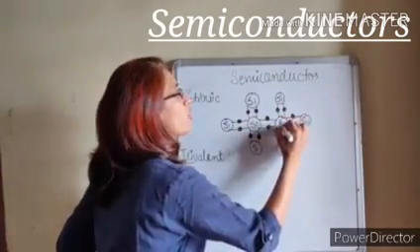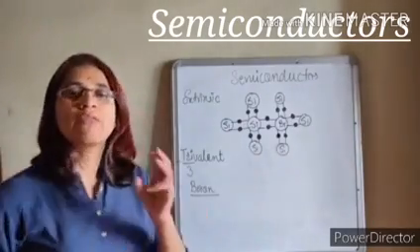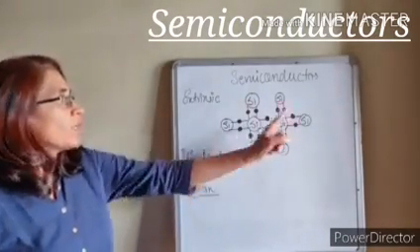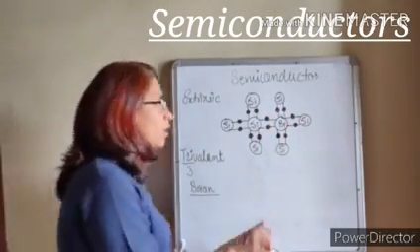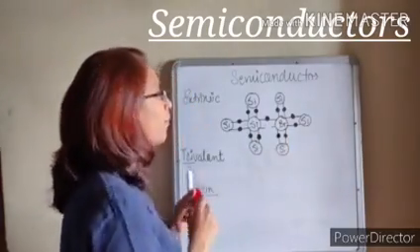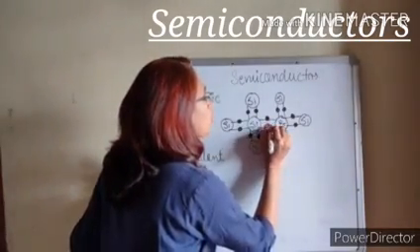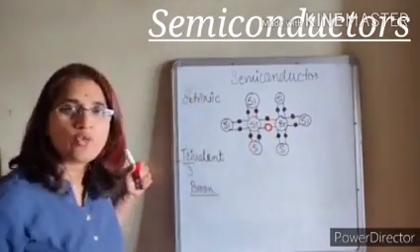Suppose this is your boron, but we know that boron is having 3 electrons in the last orbit and 4 electrons of silicon, means there is lack of one electron to complete the octet of boron. Here is a hole. Obviously this is lack of electron.